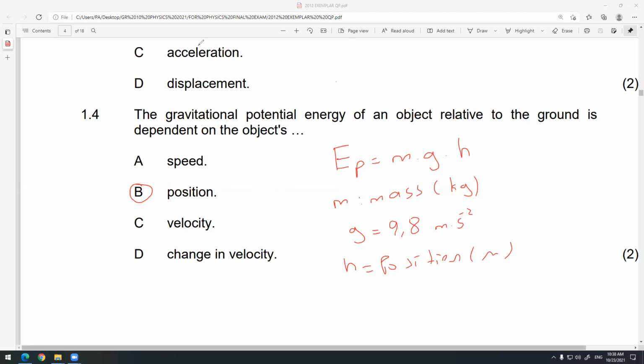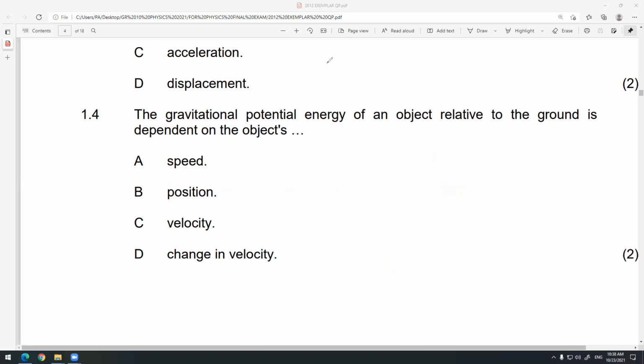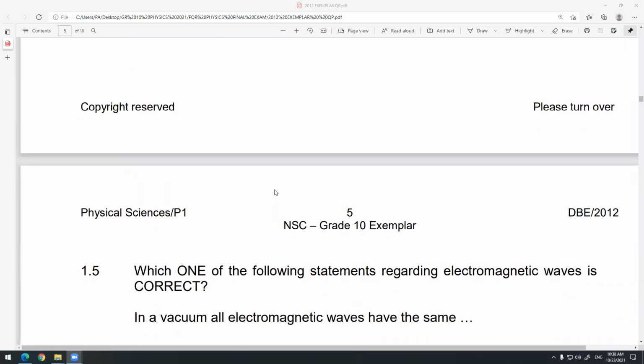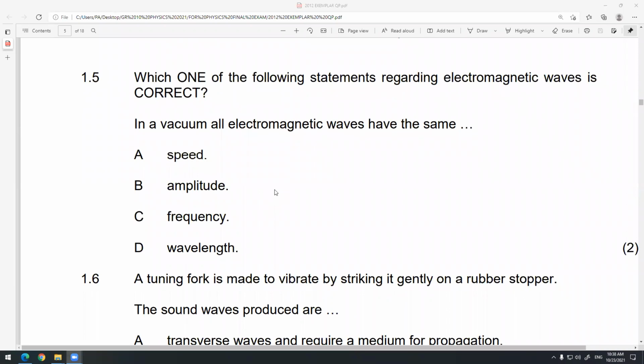Next question. Let's continue with the next question. Question 1.5 now. Okay, it's another topic. Waves now. Let's see. All electromagnetic waves have the same what? Same speed, same amplitude, same frequency, same wavelength.